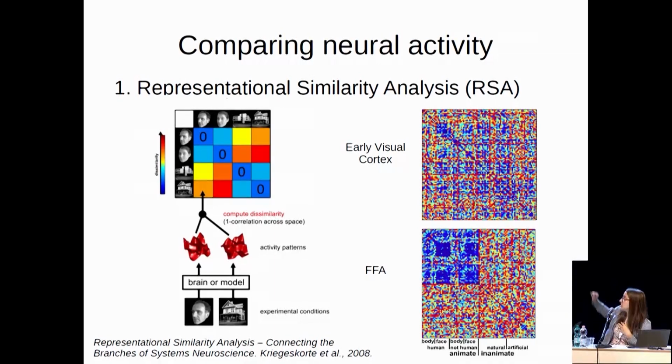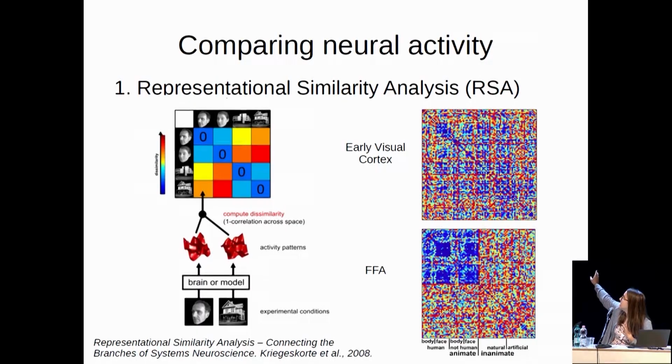So that's what you're seeing on the left here. So this is 1 minus the correlation, so it's the distance. So on the diagonal there would be 0 because it's the same image being shown. And then it produces kind of like a barcode or a signature of how different areas represent different images.